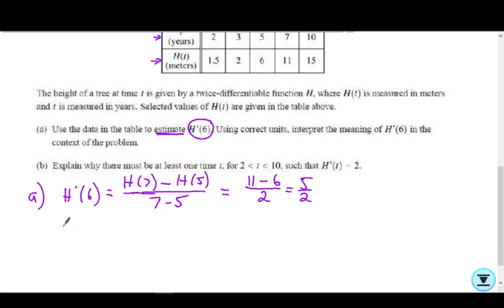So the second part says explain the meaning of h prime of 6, and that's what we're going to say.